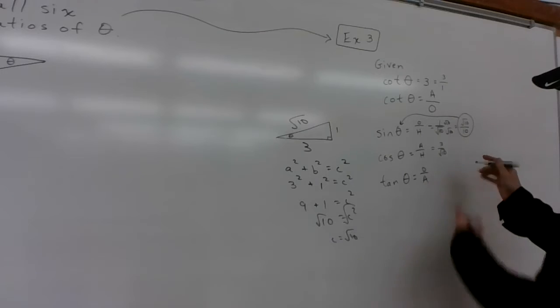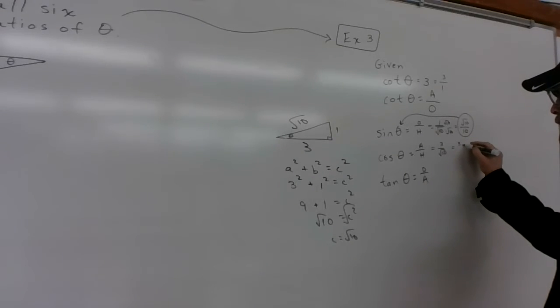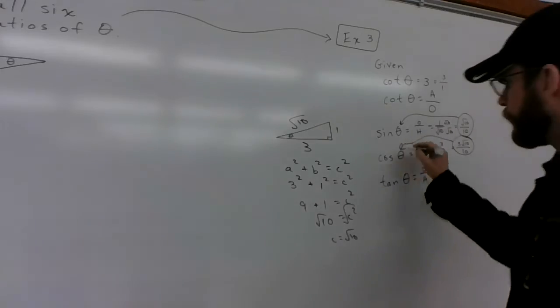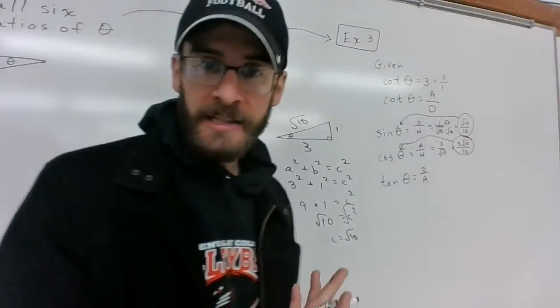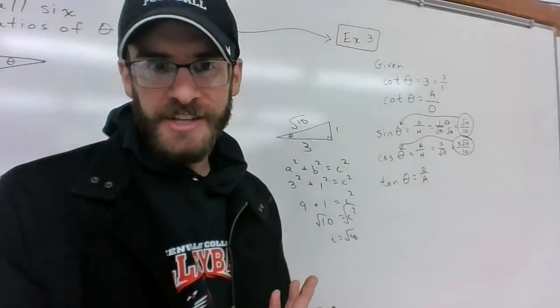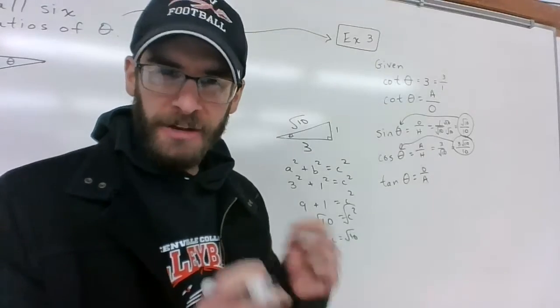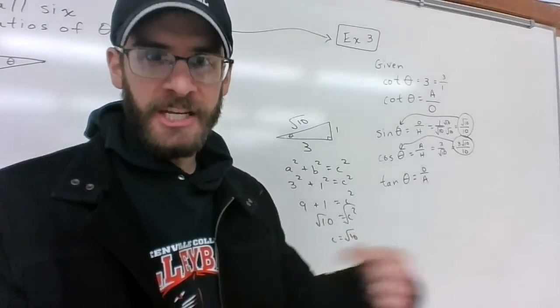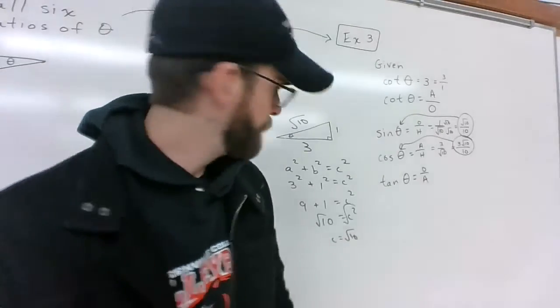You can just skip right to saying, hey, this is going to be 3 root 10 over 10. You guys might need some more practice before you can go directly to that step. But just be looking for those patterns that make computation less burdensome.